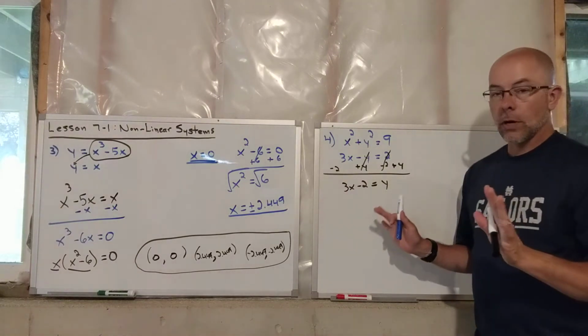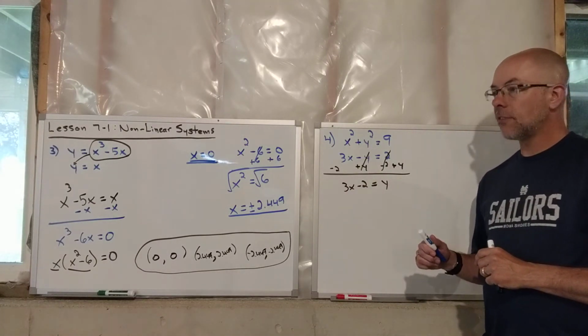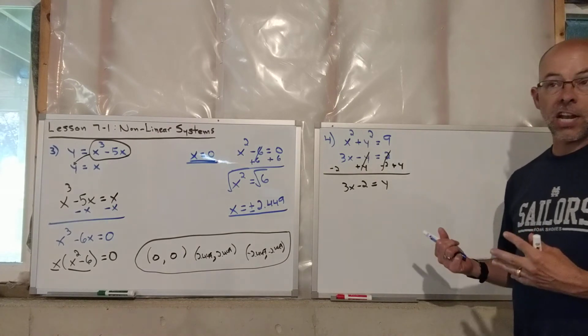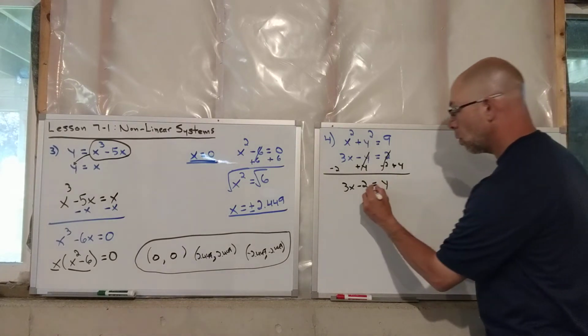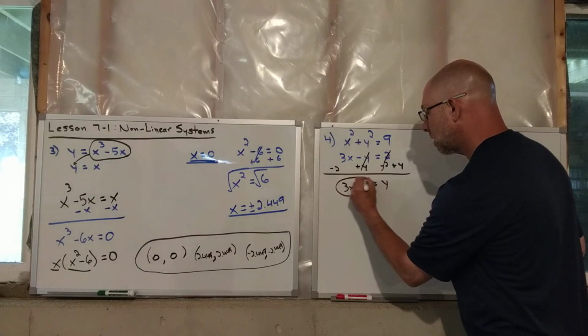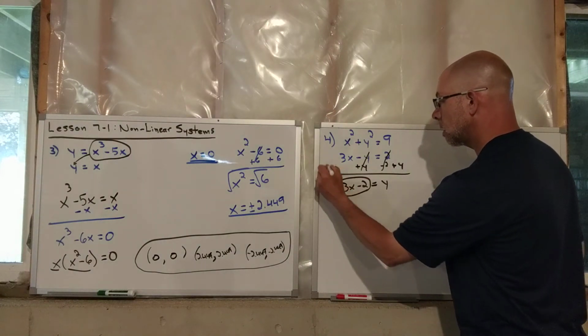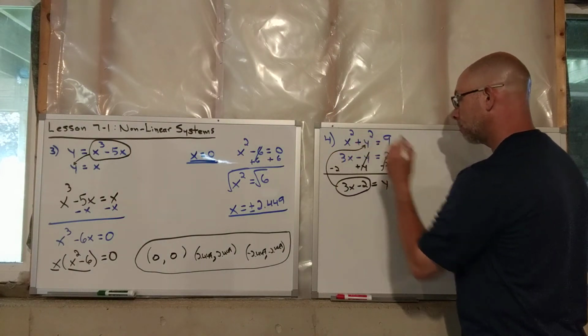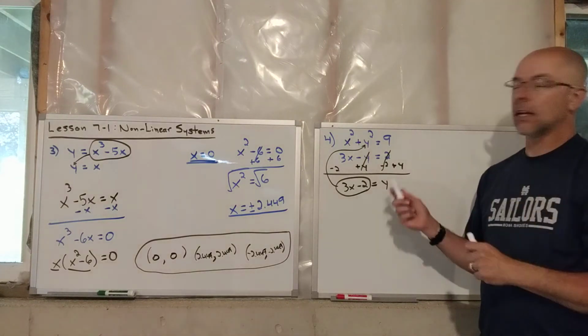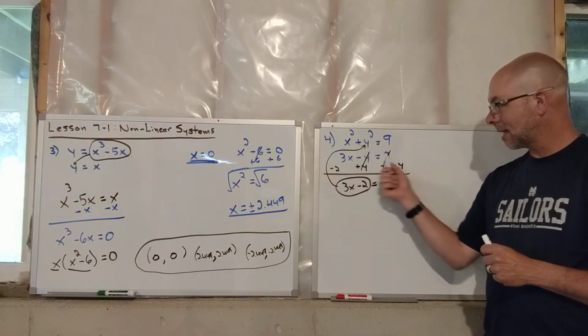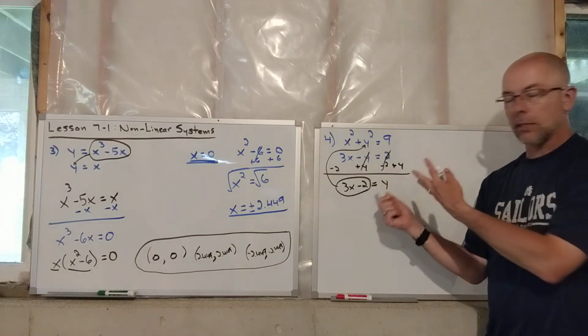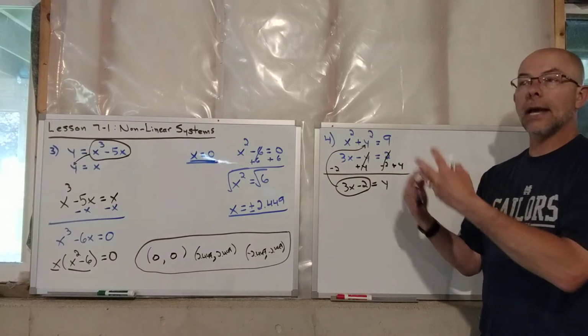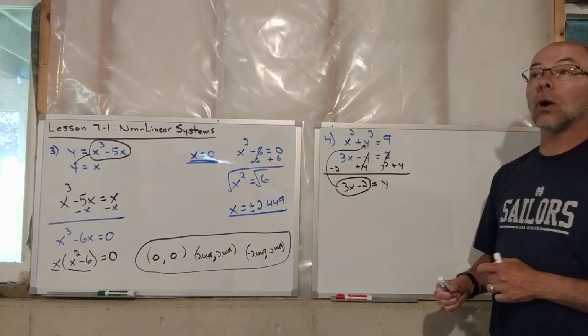Again, a fair warning: this takes a little bit of fumbling around to get it done. So y equals this. It's going to go there. Please understand, you can't substitute it into this. This is that one, just a reorganized version, so you have to plug it into the other one.